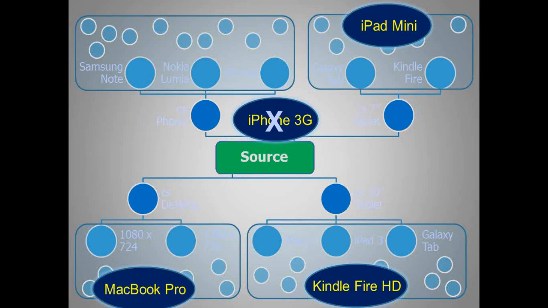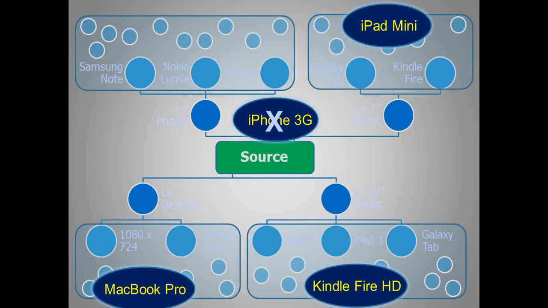Just looking at how this scheme has worked over the past couple of years, there have been things that I've had to add in, and situations where it's worked quite well. For example, for the 7-inch tablet size, when the iPad mini came out, that wasn't something that I designed for, but it ended up having the same attributes as the original Kindle Fire.